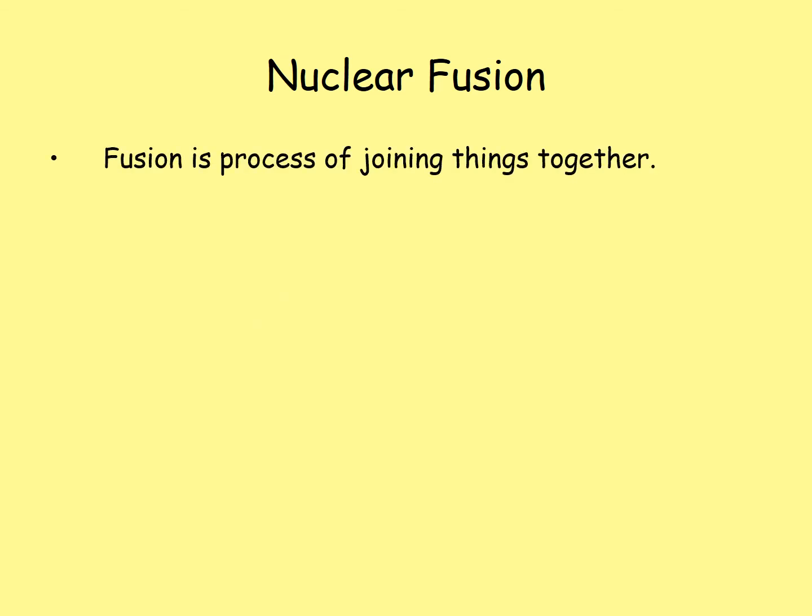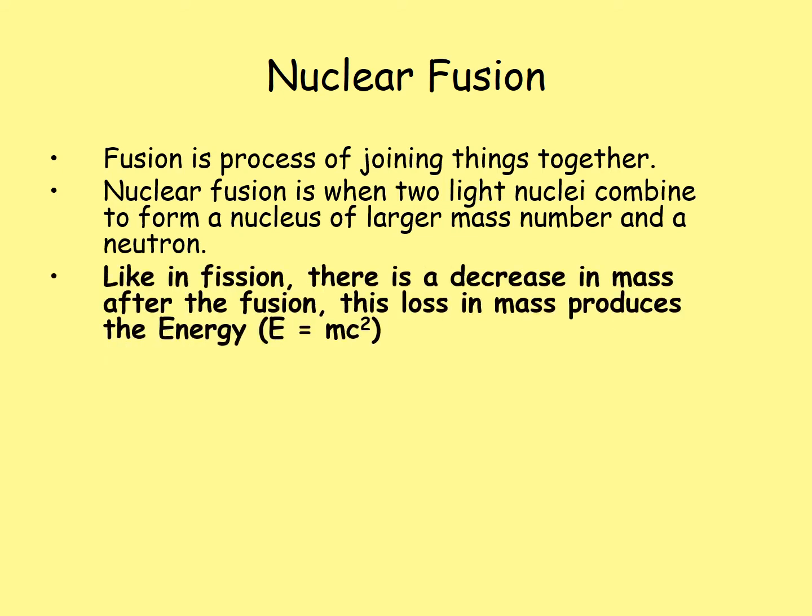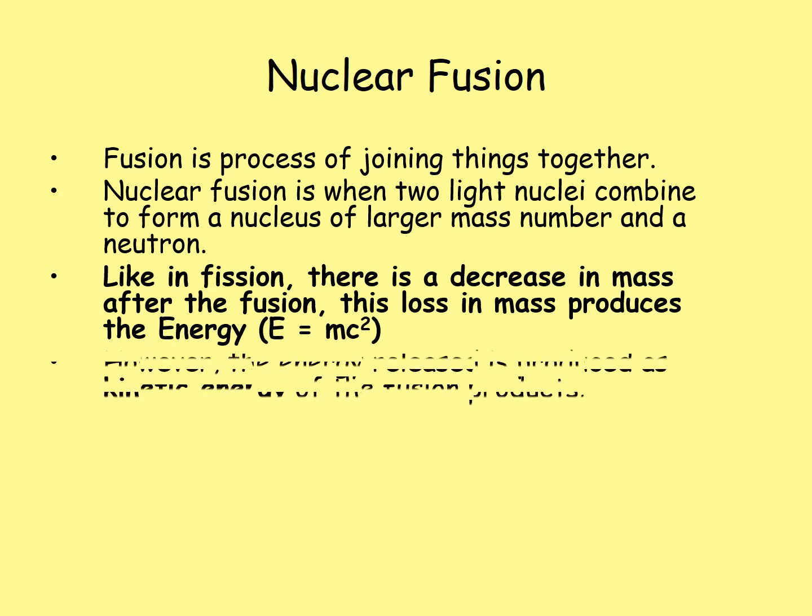Within nuclear fusion, we have 2 smaller nuclei joining together. So we can state that nuclear fusion is when 2 light nuclei combine to form a nucleus of a larger mass number and a neutron. Like in fission, there is a decrease in mass after the fusion, and this loss in mass produces energy, E equals mc squared.